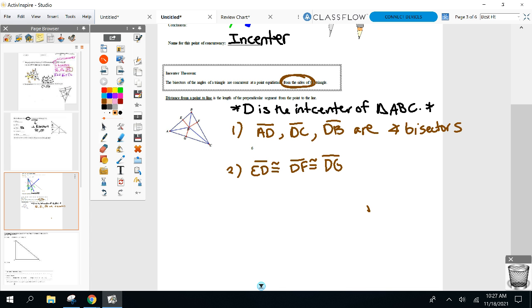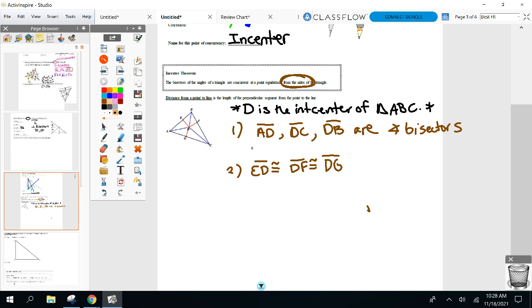They are equidistant from the sides, and they are formed by the angle bisectors. Questions?